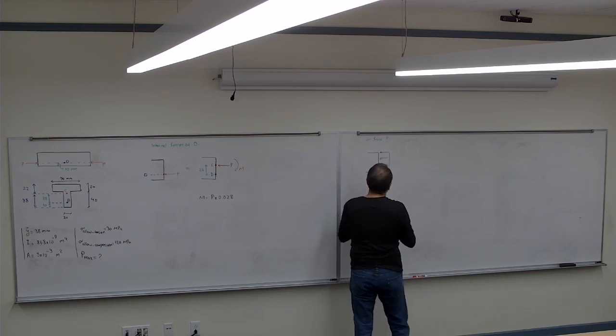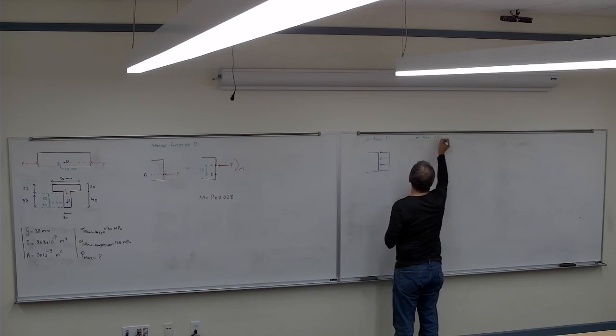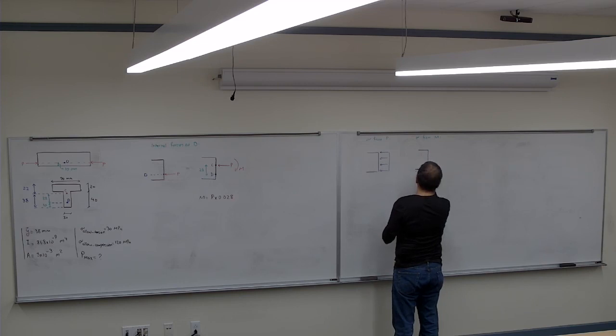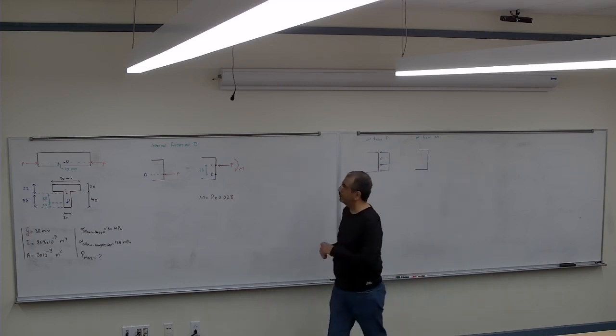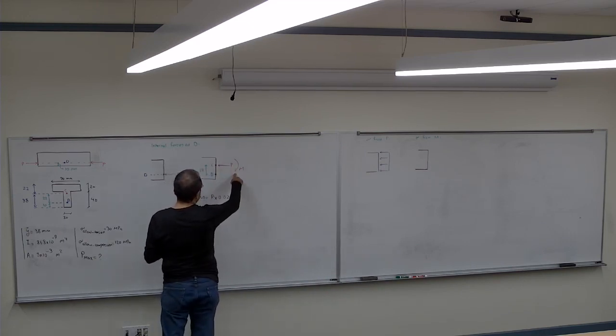Then I have the sigma from M. From M, if you look at here, the moment I have on the cross section is going like that.